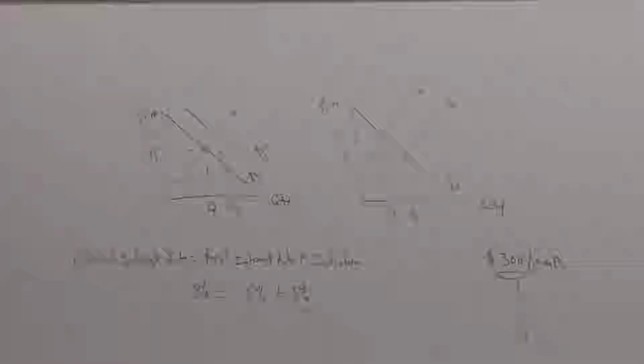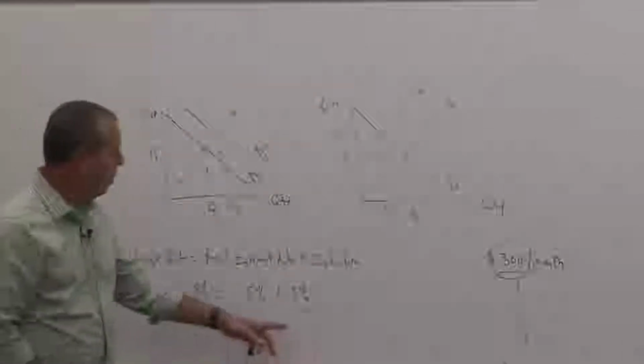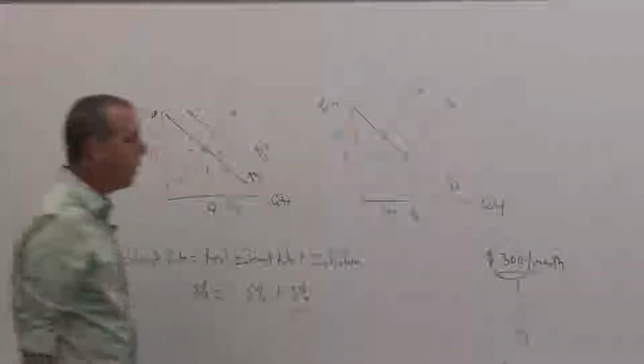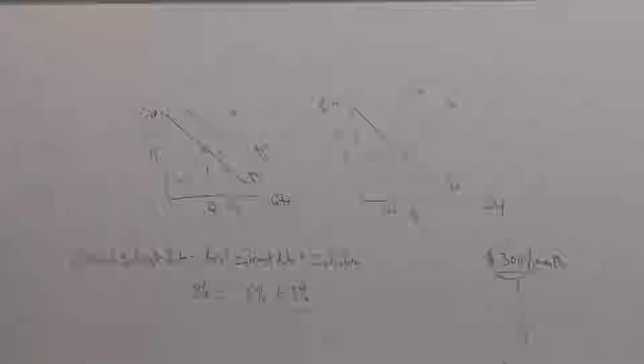It's going to be worth a whole lot less. They know this and they're factoring that in. 20 years later when you're paying this back, it's not worth that much.